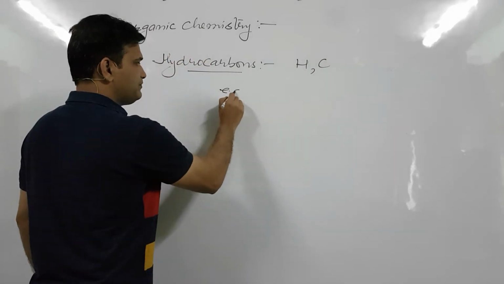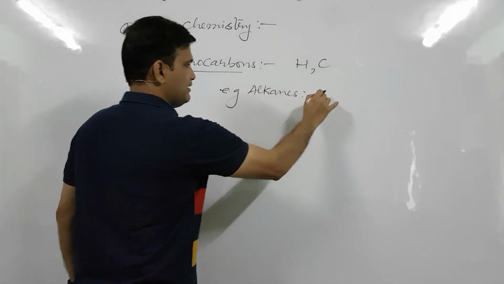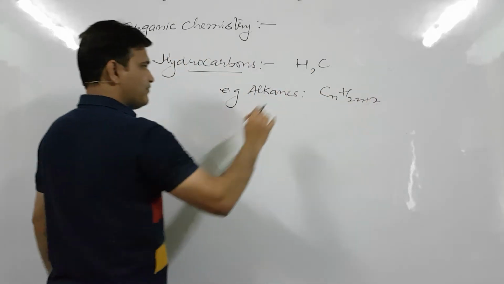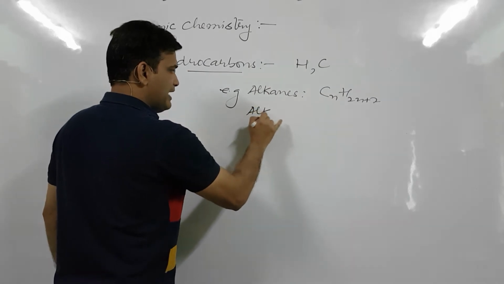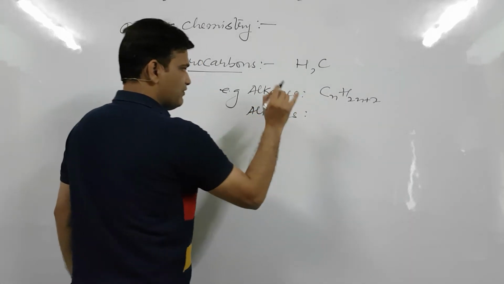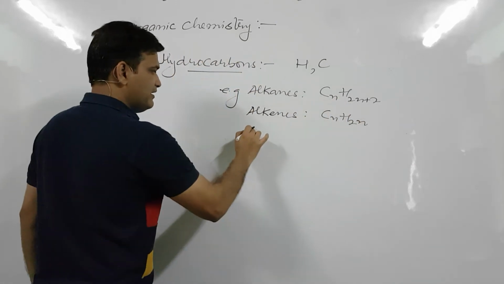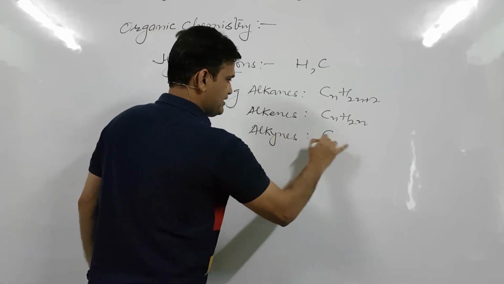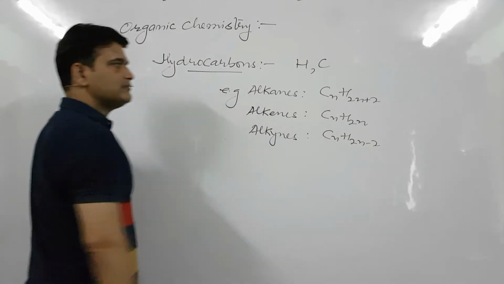For example, alkanes with general formula CnH2n+2, alkenes with general formula CnH2n, and alkynes with general formula CnH2n-2.